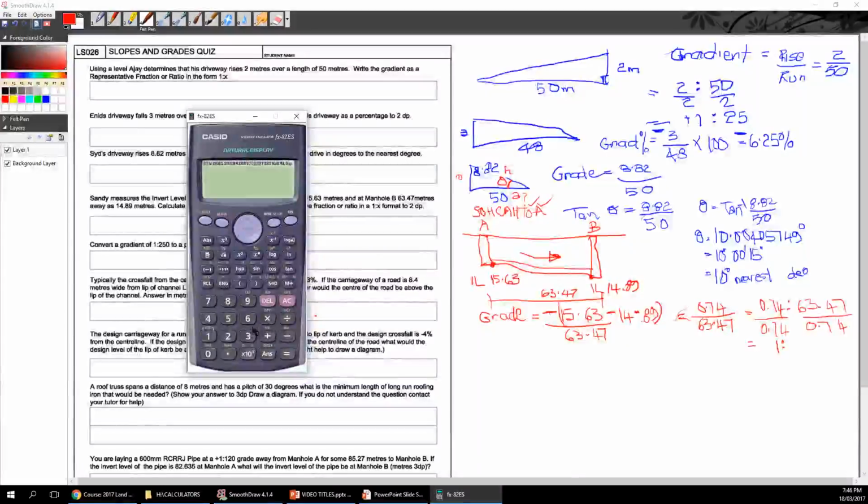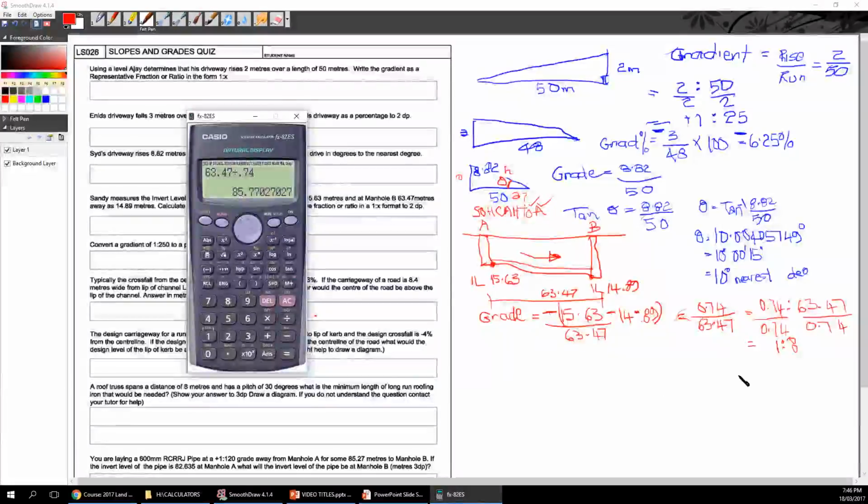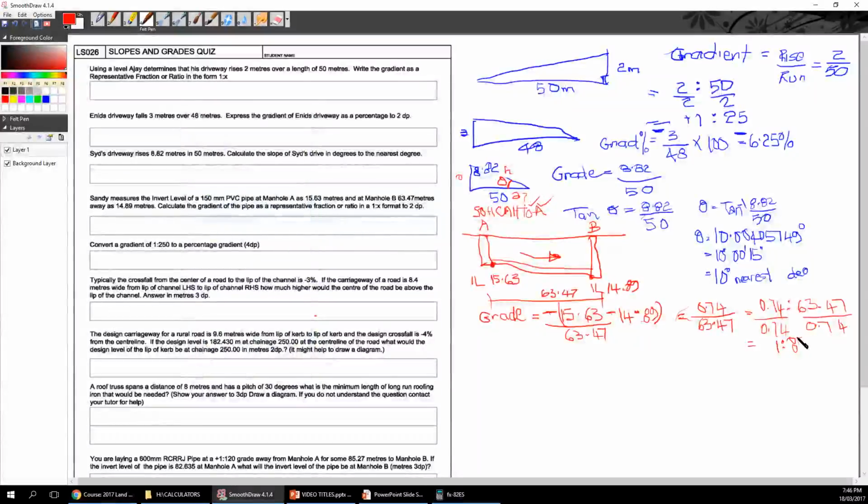So that's 63.47 divided by 0.74 equals 1 to 85.77, to 2 decimal places.